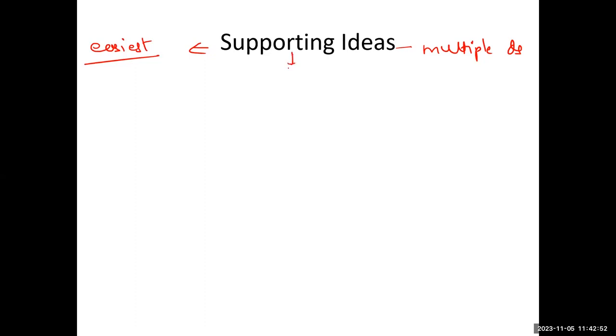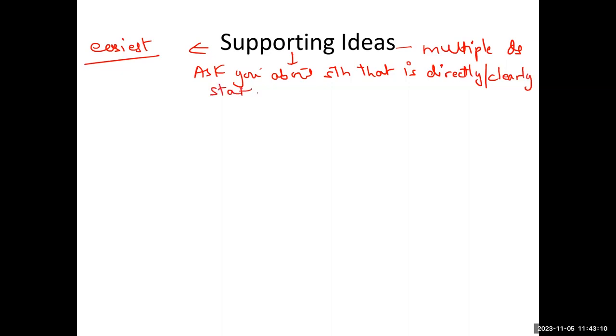Because supporting idea questions ask you about something that is very directly, very clearly stated in the passage. It is right there in front of you. You just need to find out the point where it is stated.